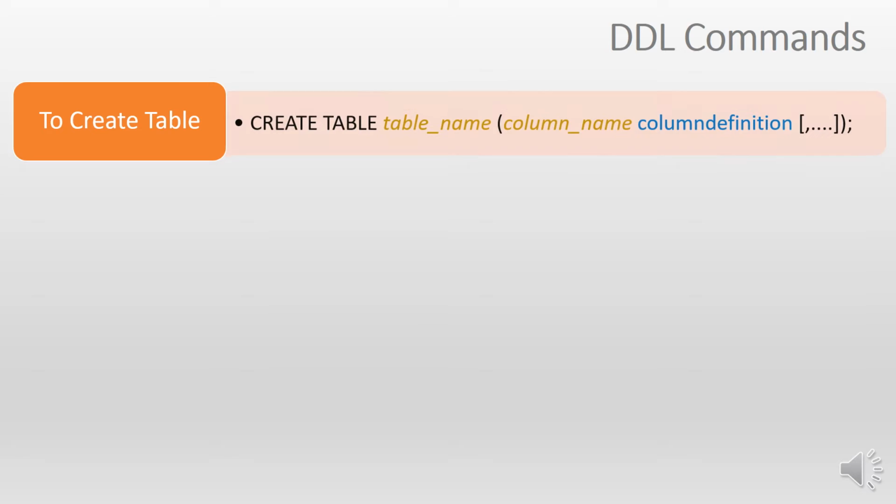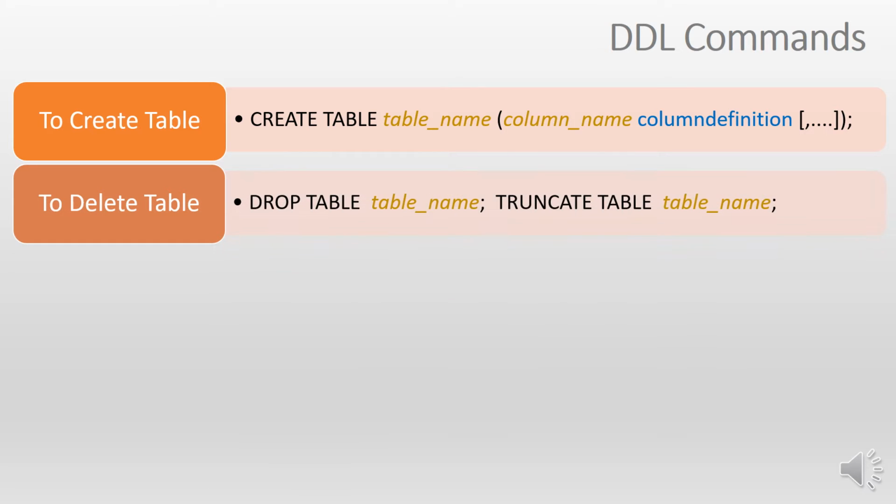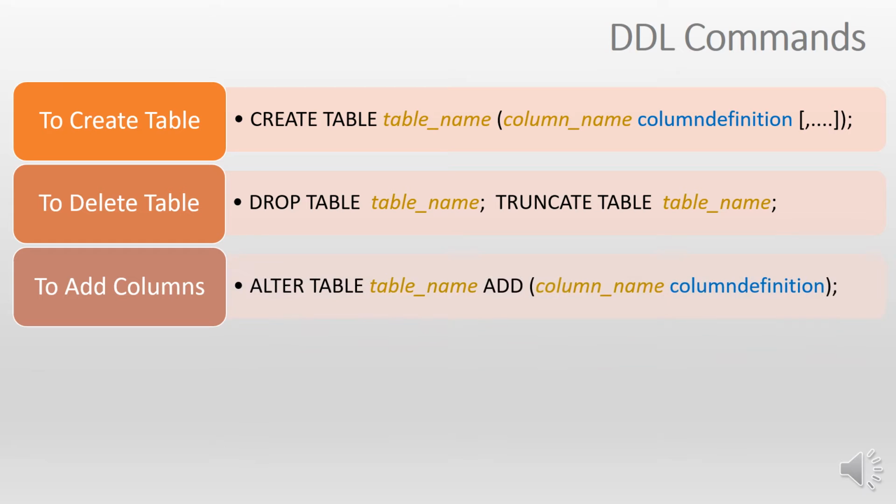To create a table, we have the syntax create table, table name, and the column definitions should be given. To delete a table, drop table name or truncate table name can be used. To add new columns to the existing table, alter table name, add column name and column definition can be given.